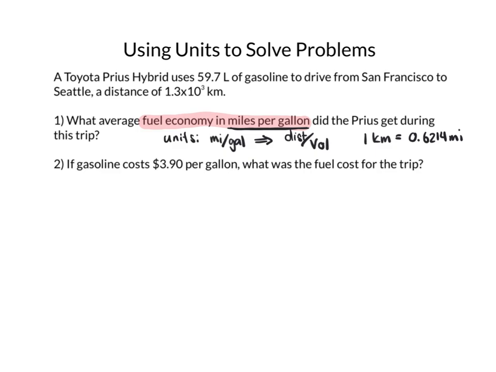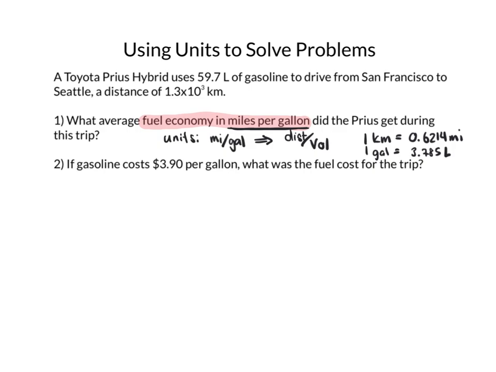And so if I look up that conversion factor, I can see that 1 gallon is equal to 3.785 liters. So I have my conversion factors. I know what I'm going to do with my numbers. I'm going to take the distance and divide by the volume.